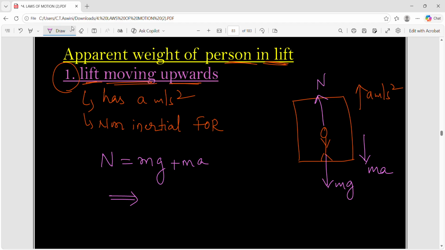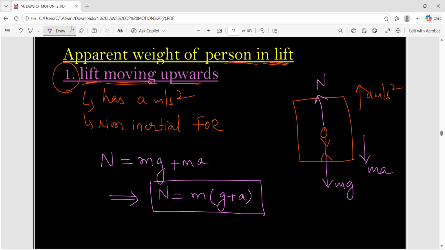If you take m common, you will get N is equal to m into (g plus a). So this normal reaction is the apparent weight. What is apparent weight actually? It's the normal reaction acting on the person. The normal reaction acting on the person itself is the apparent weight.